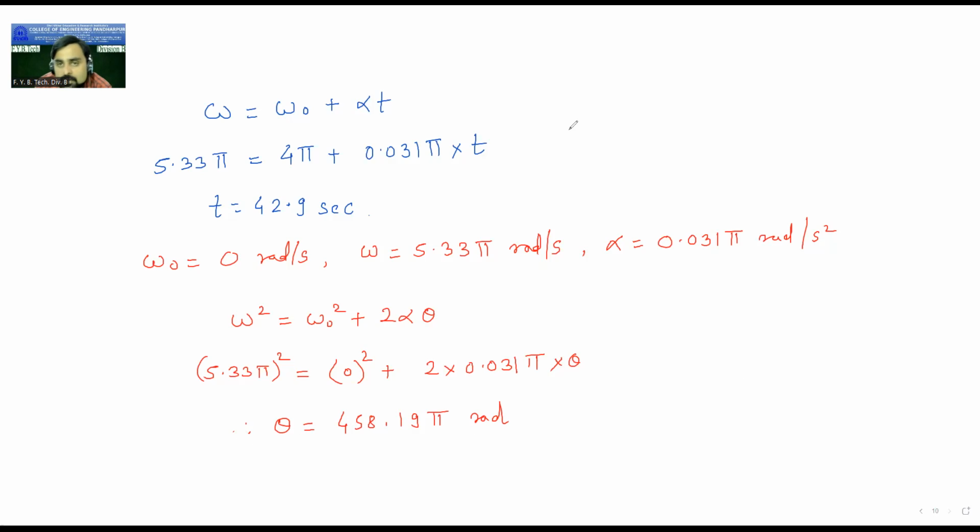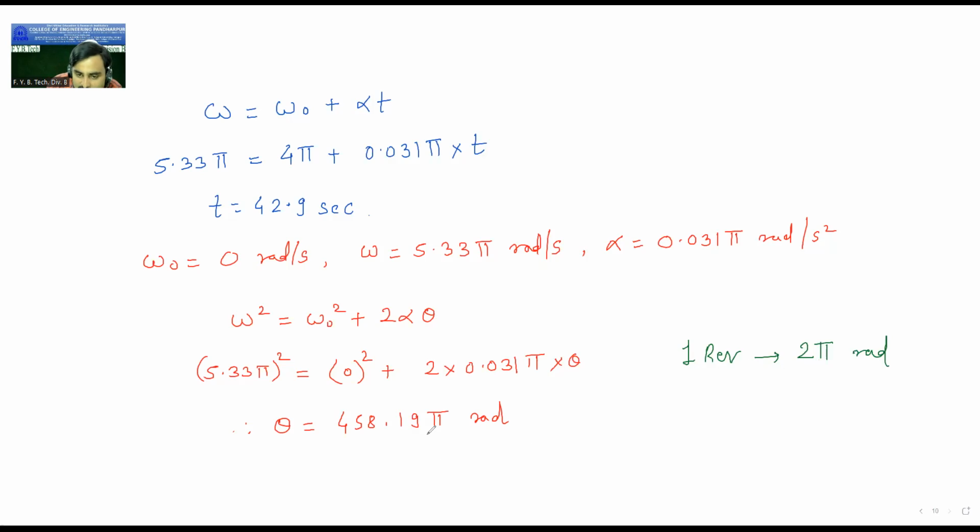458.19 pi. See, I will tell you the relation once again. One revolution is how many radians? 2 pi radians. One revolution is equal to 2 pi radians.